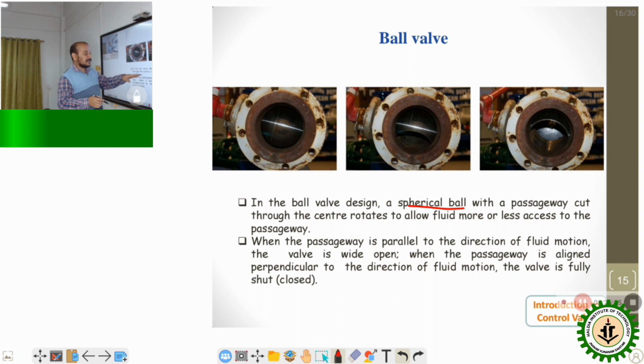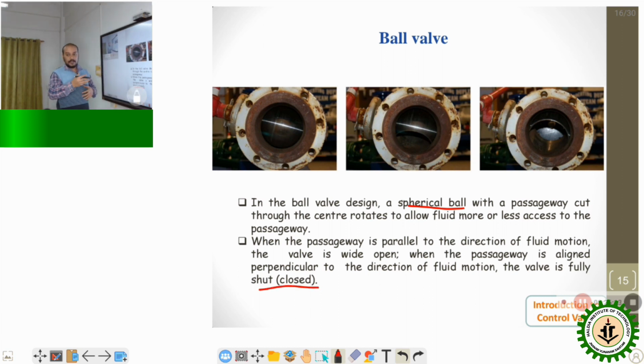When the passage is parallel to the direction of the fluid motion, the valve is widely open, and when the passage is perpendicular to the direction of the fluid motion, the valve is fully shut off or closed.